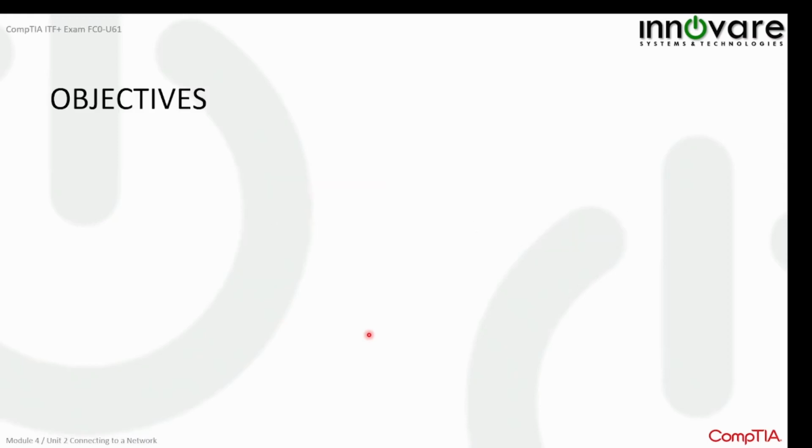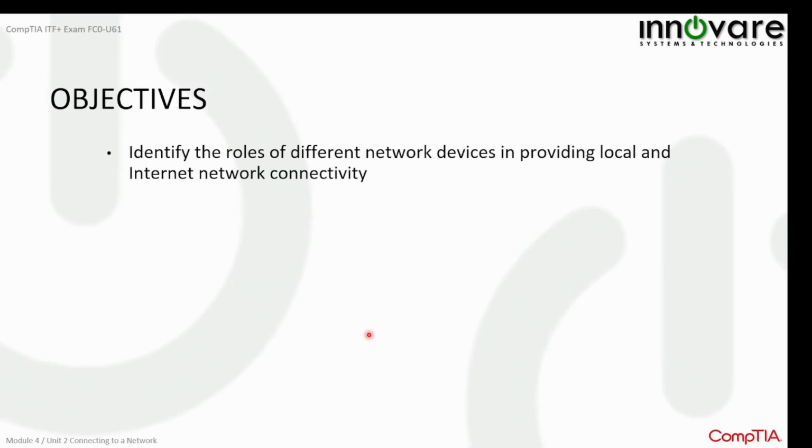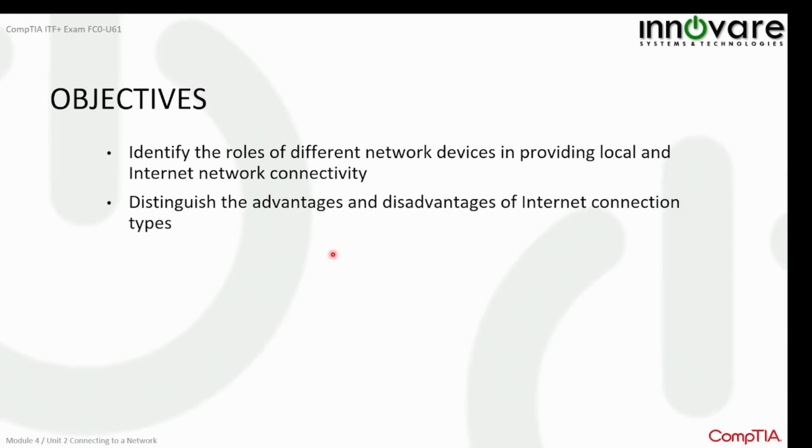In this unit, our topic is to identify the different roles of network devices that provide local connection and internet network connectivity, and then distinguish the advantages and disadvantages of different internet connection types.